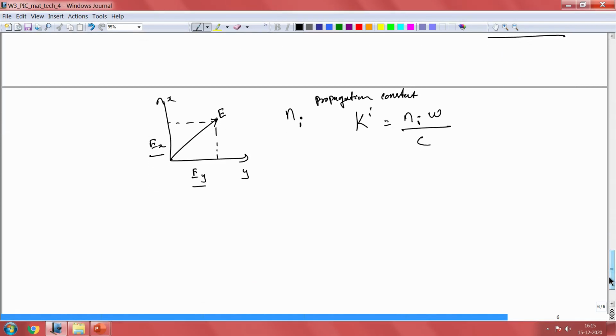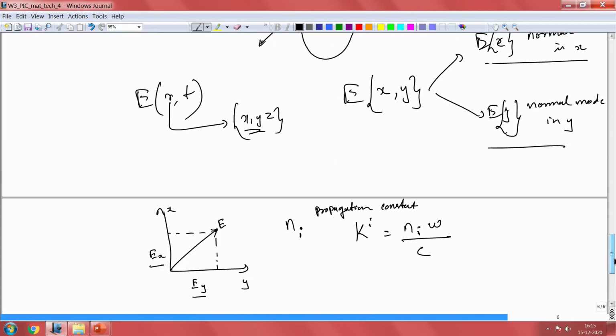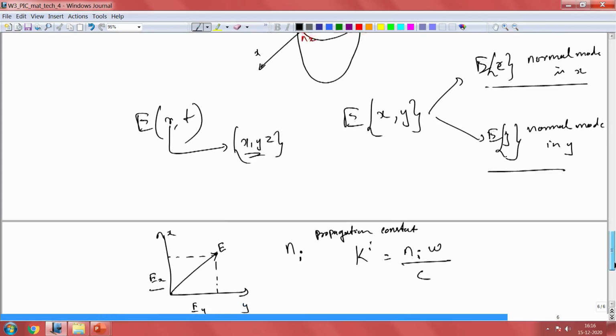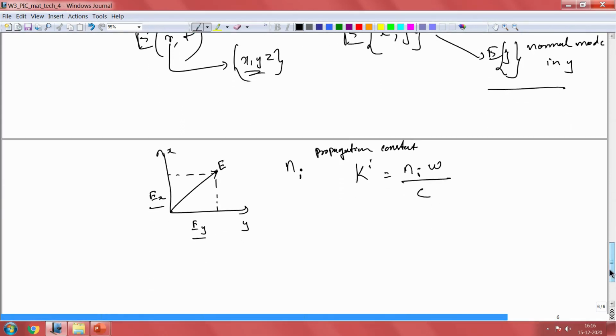What we are primarily discussing here is the polarization of this light. What is polarization? It is nothing but the oscillation of your electric field in a certain plane or along a certain axis. This is what determines your polarization, not the direction in which the wave is moving.